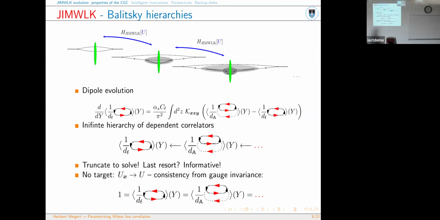But it's very clear that from the outset, in order for this to be informative and useful, you have to be careful to maintain the constraints on this. And one that is very, very obvious must come from gauge invariance.